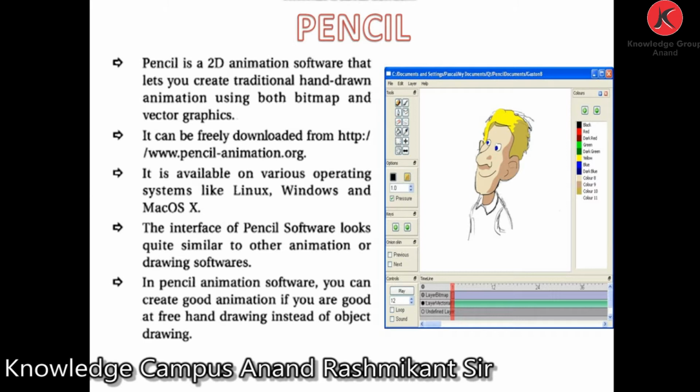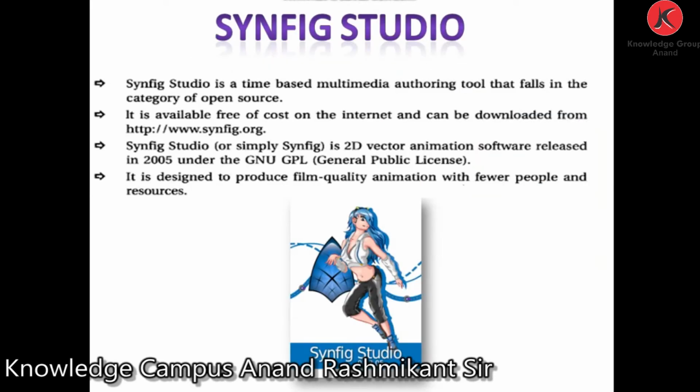The interface of Pencil software looks quite similar to other animation or drawing software. In Pencil you can create good animation if you are good at free hand drawing instead of object drawing. So for object drawing and animation, let us learn about an open source animation tool called Synfig Studio.